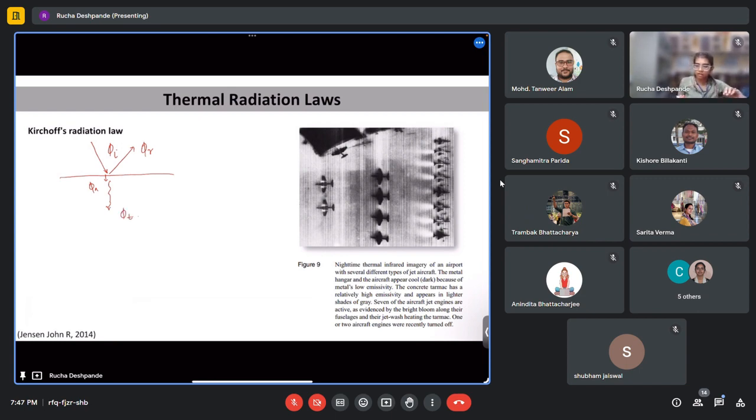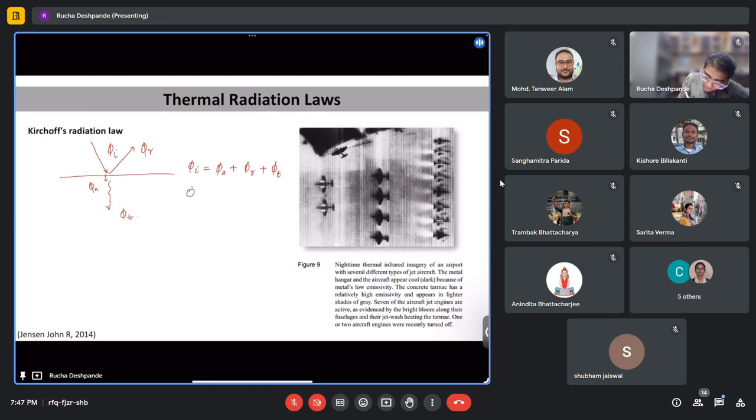From the law of conservation of energy, we know that the total incident energy should be equivalent to the total energy leaving the body or getting stored in the body. So we have phi I is equal to phi A plus phi R plus phi T.